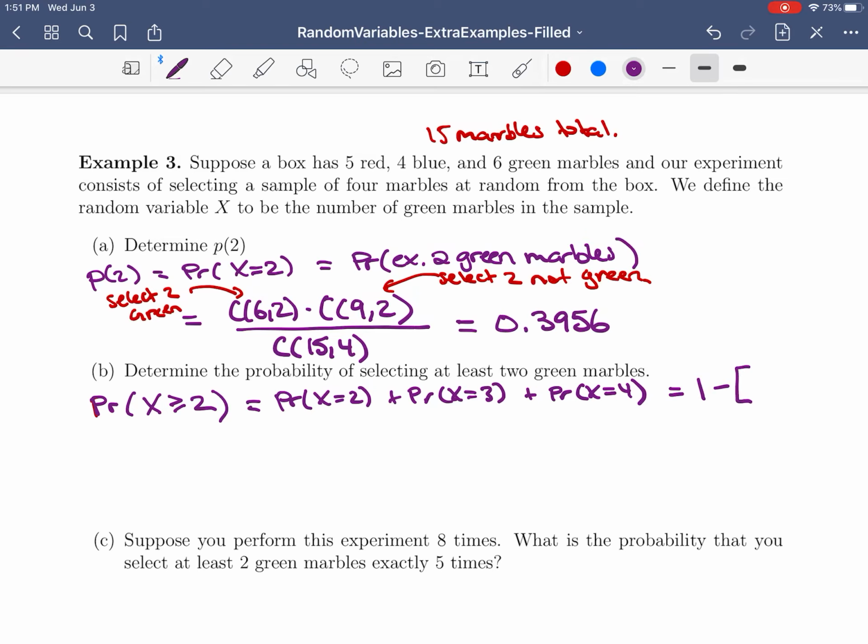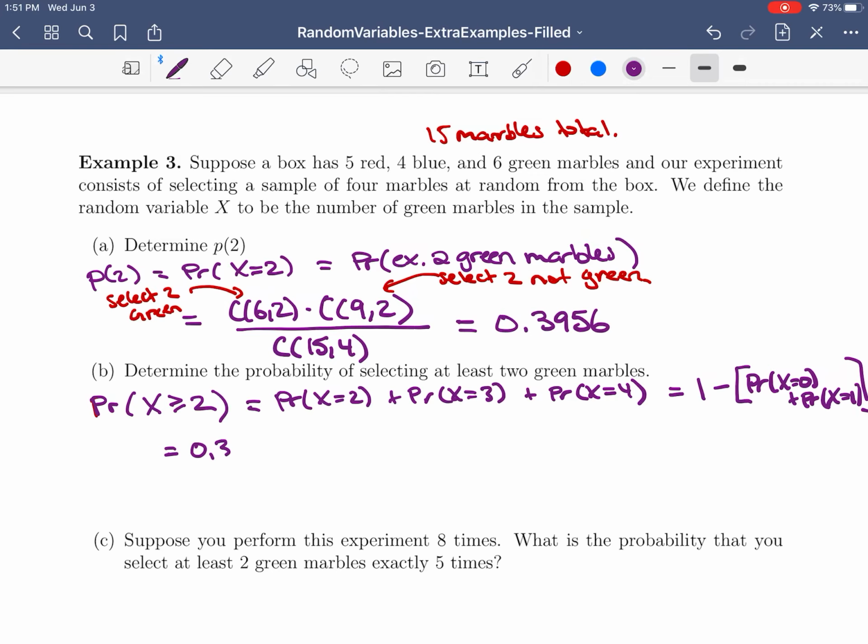Or you could do 1 minus the probability you don't get 2 greens, which is the probability that we get 0 plus the probability we get 1. Okay, either way is fine. Both involve computing 2 cases because we've already done one of them. So I'm just going to do it directly.